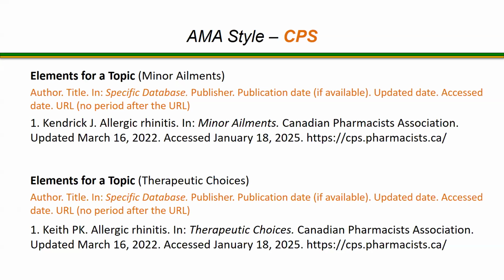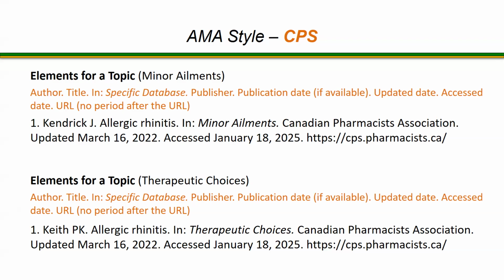Note the author name, the title of that page, and the specific database name, which was minor ailments. We'll list the publisher, the date, if available, and the updated date when you accessed it. So in our example here, we accessed it on January 18th, 2025, and we'll also list the URL, and we do not include a period at the very end. So that's an example of minor ailments.